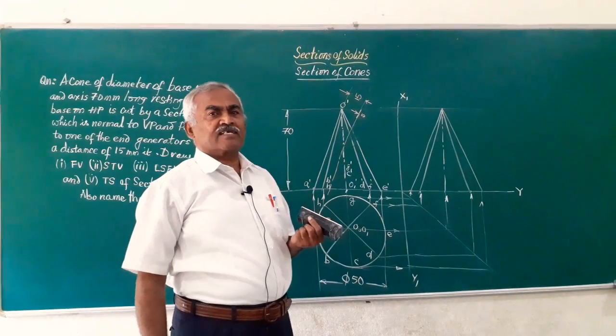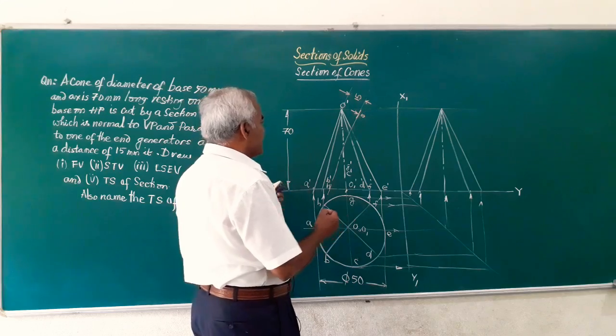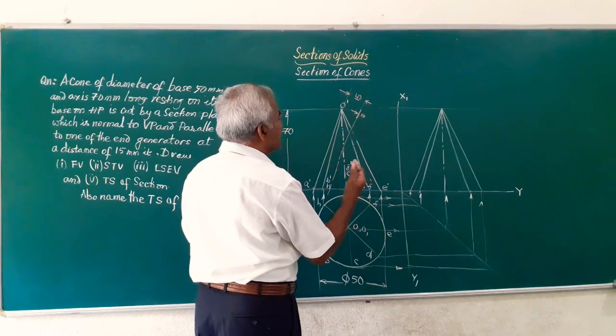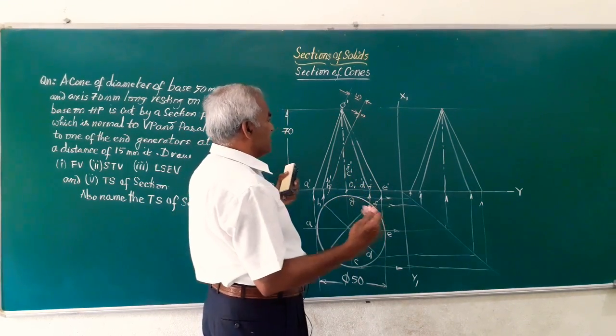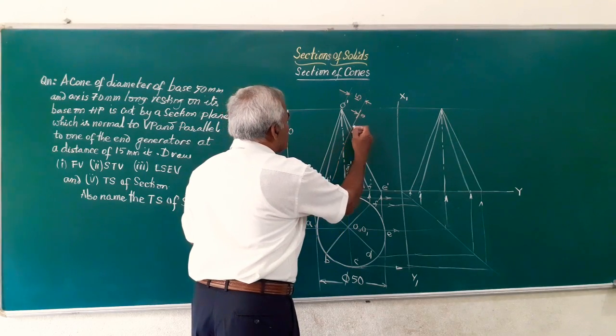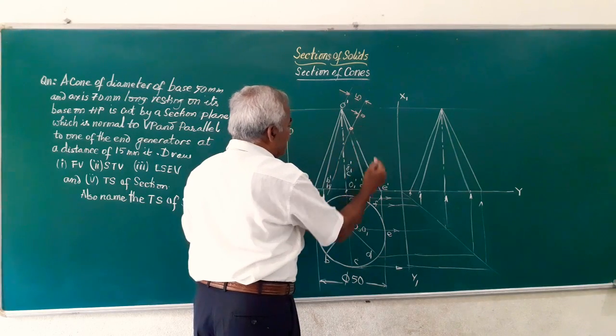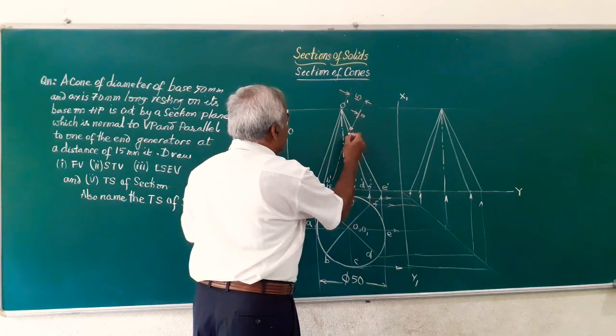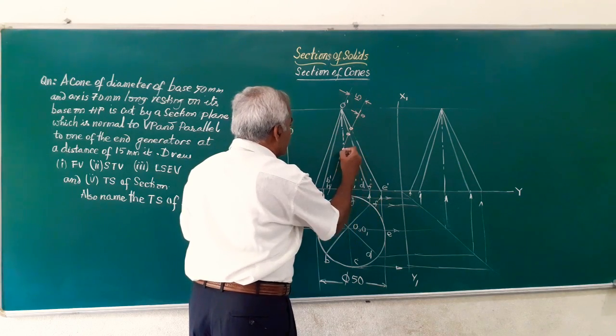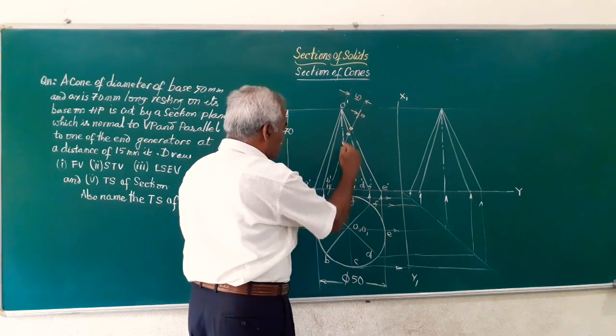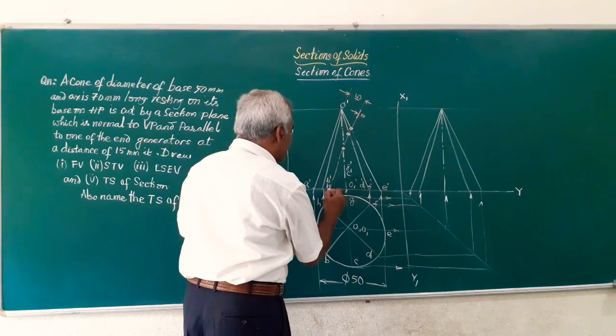So after getting the section plane, friends, let us see what is the portion that is retained for drawing the sectional views. So friends, here the section plane is cutting O dash E dash and it is cutting these two generators here, the middle generators OC and OE, and it is cutting the base.